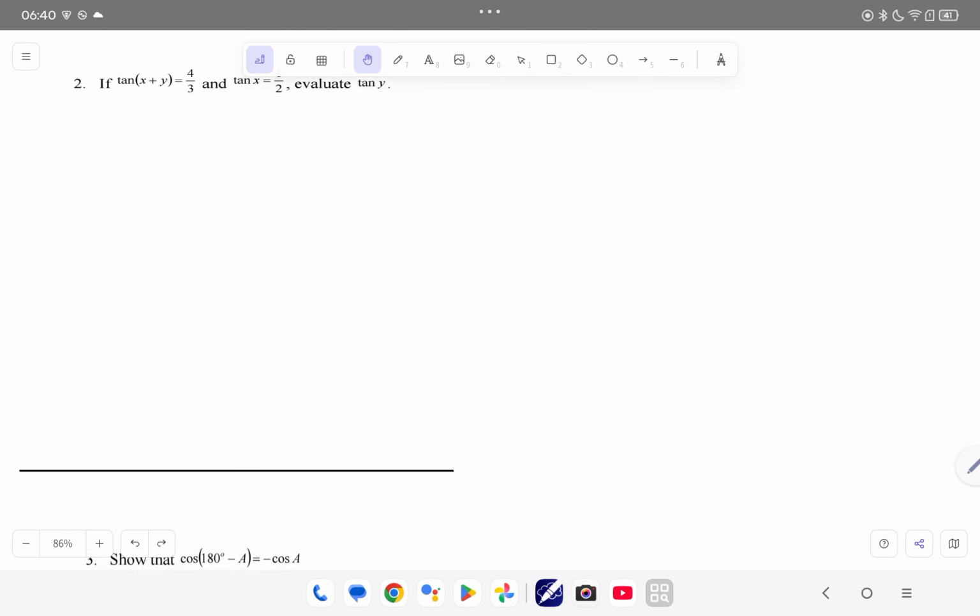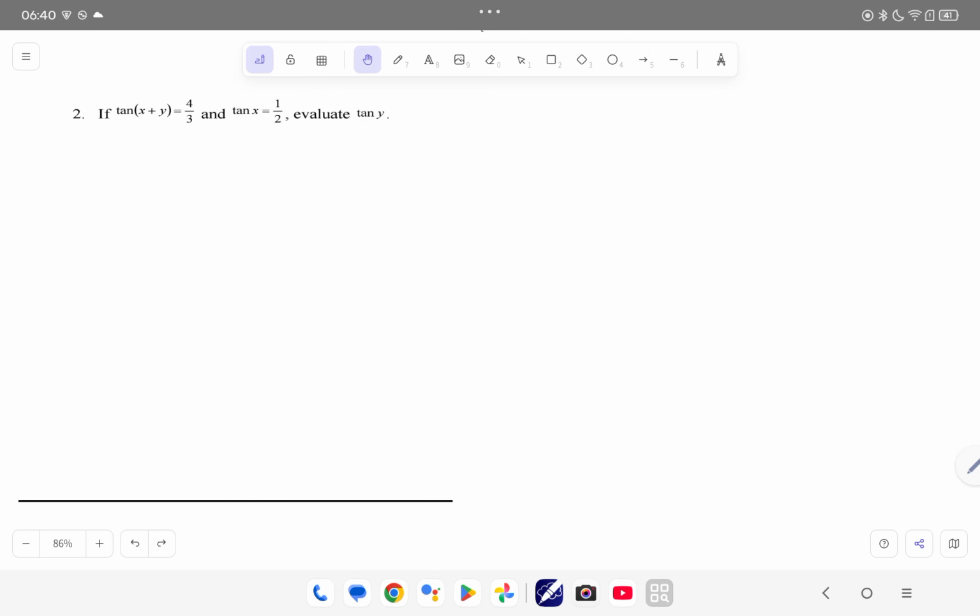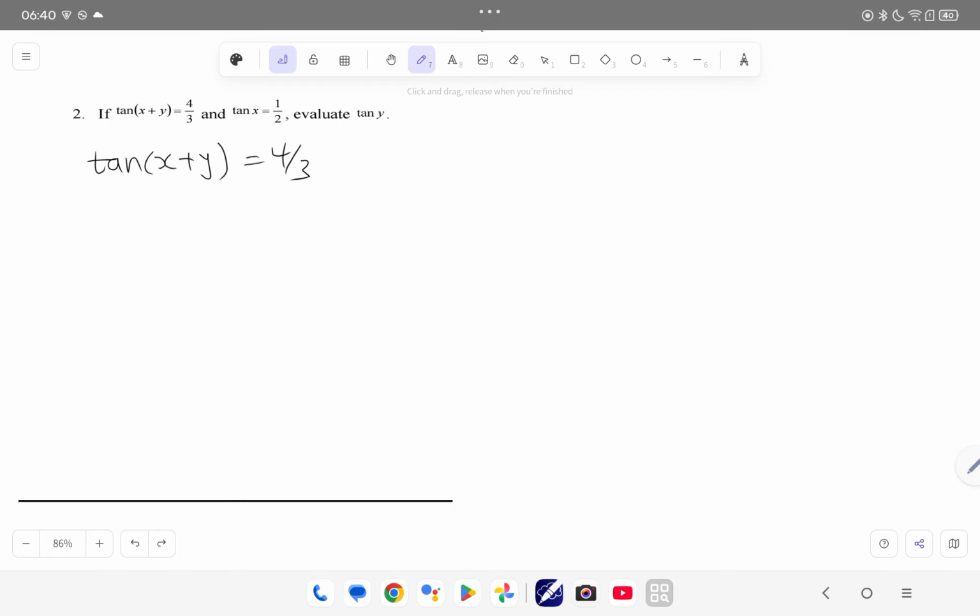We now go to example number 2. They have given us that if tan of x plus y is 4 out of 3 and tan x is a half, evaluate tan y. So we're going to expand the first expression. Tan x plus y is equal to 4 out of 3.